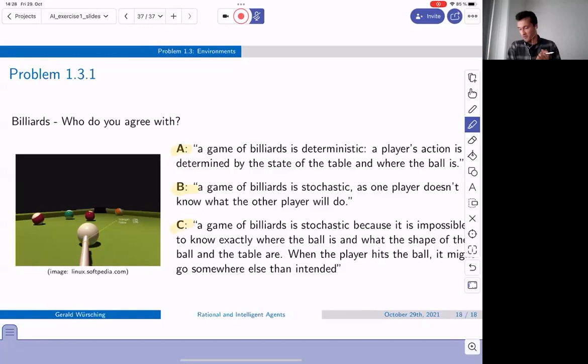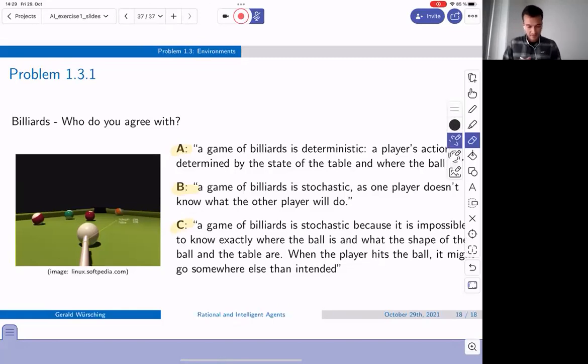That's why I would say C is the explanation that one could agree with most currently, because we don't have a perfect world where everything is 100% deterministic when it comes to, for example, a game of billiards. You have maybe a ball which is not perfect, a table which is not perfect, and so on.